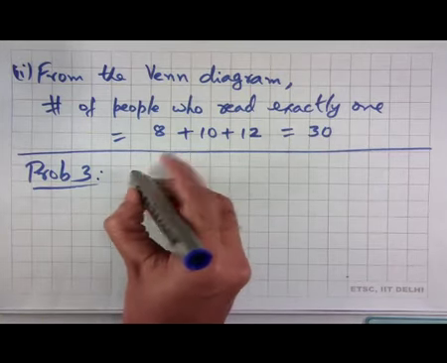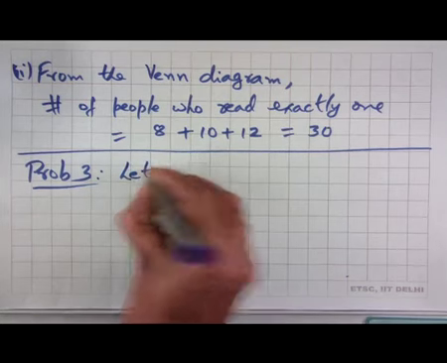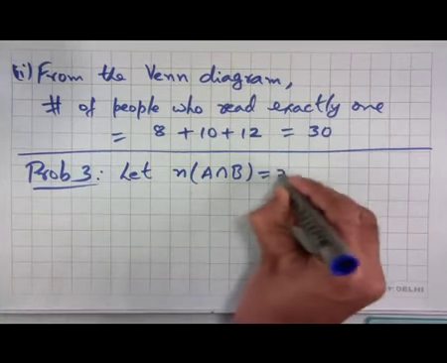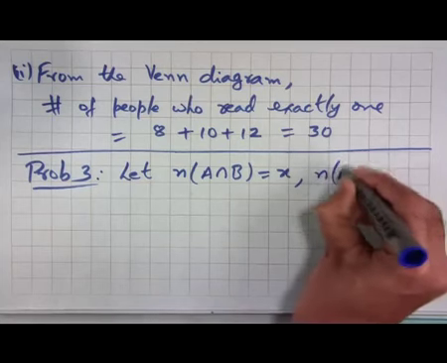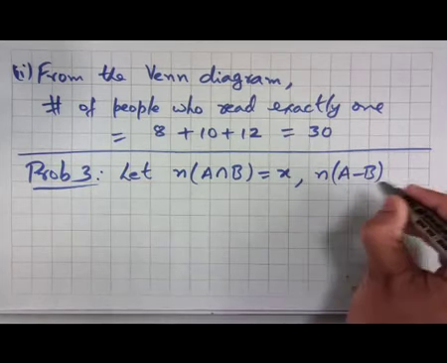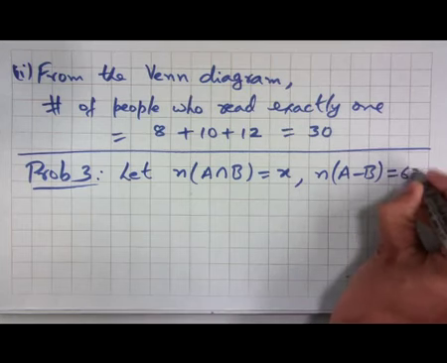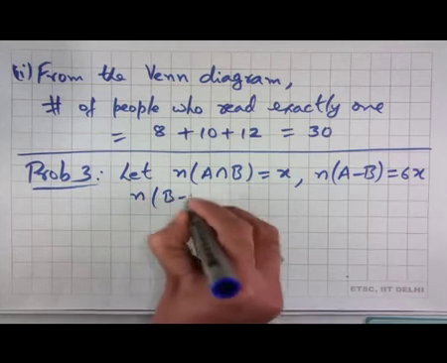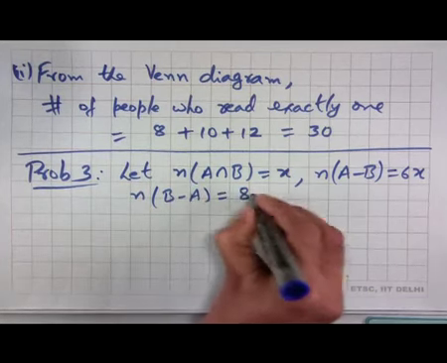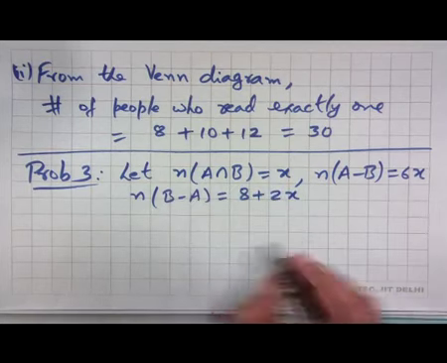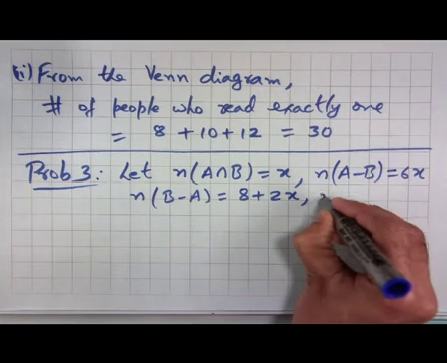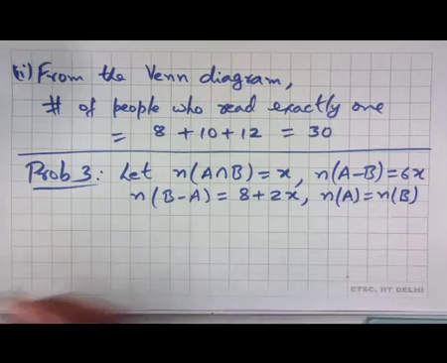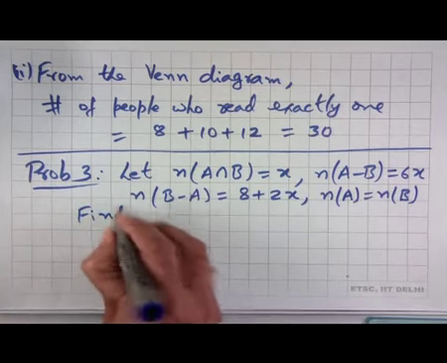So, let n of A intersection B be x, n of A minus B is 6x, and n of B minus A is 8 plus 2x, and also given is that n of A is equal to n of B, and find x.